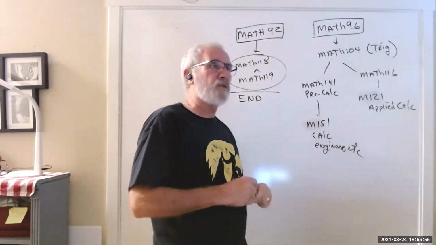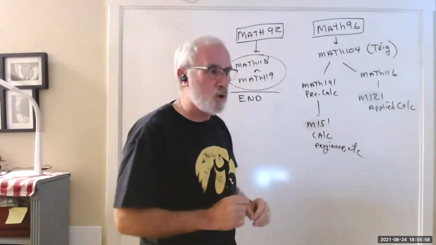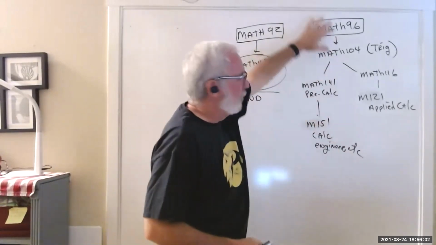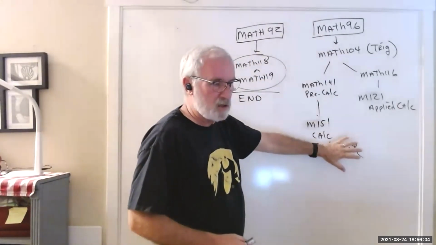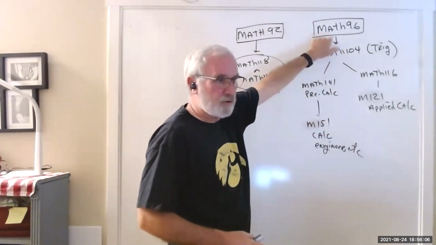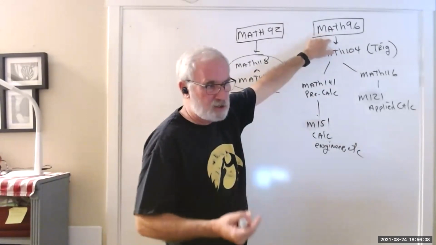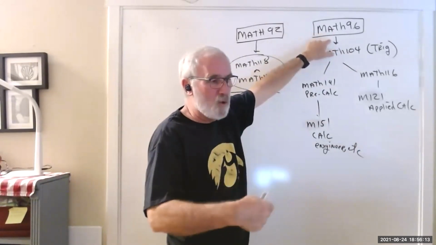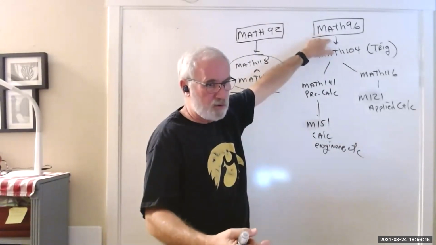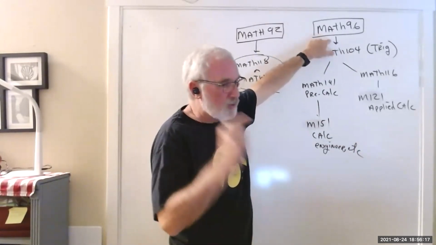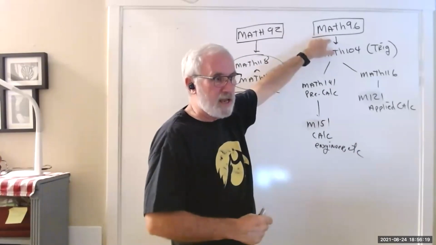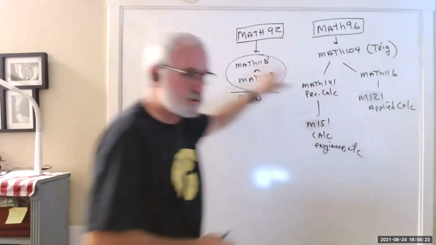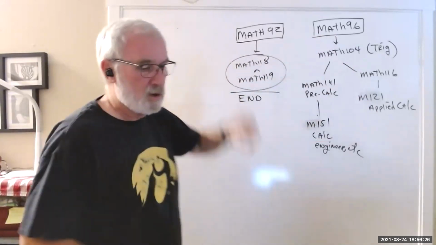So your counselor will say, if you don't know what your major is, or if you're leaning one way or another, this is your best opportunity. This class, Math 96, or in our case, 96X, is your best opportunity to prepare for an unknown future. But if you know what your major is, and it doesn't include these calculus courses, then this might be the way you want to go.